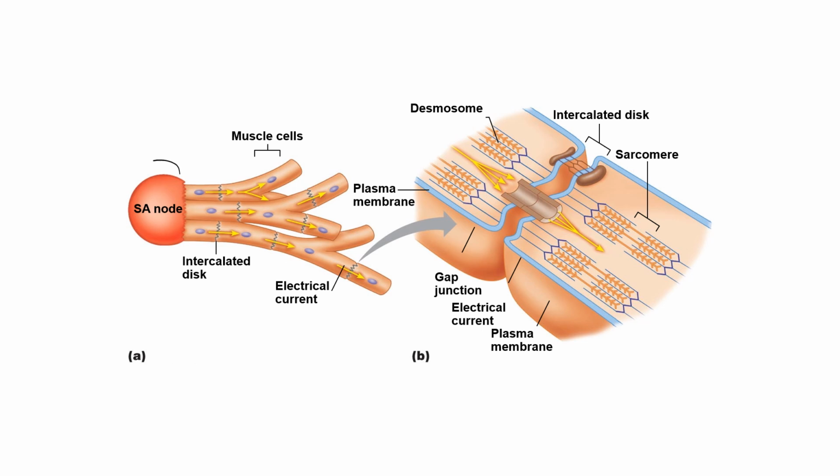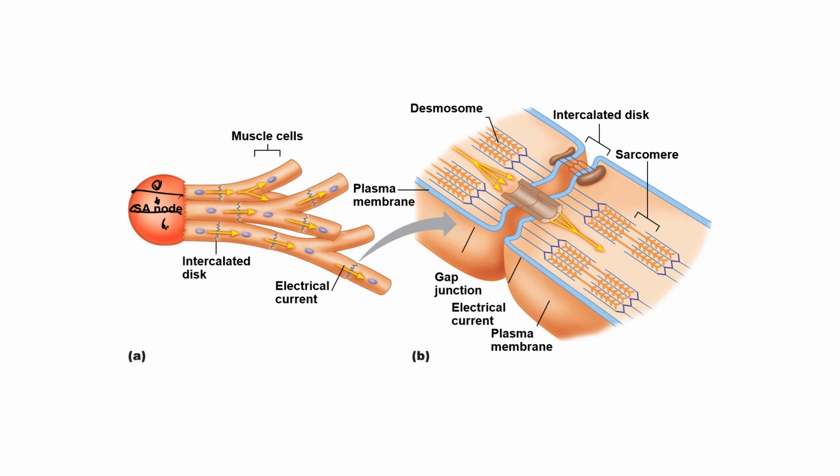So this is the SA node. What is the SA node actually? Well, it's cardiac muscle fibers. The SA node should look just like these cardiac muscle fibers that lie next to it. So let's be clear about what's being depicted here. It's showing the SA node, which is a collection of cardiac fibers. And where is the SA node located?